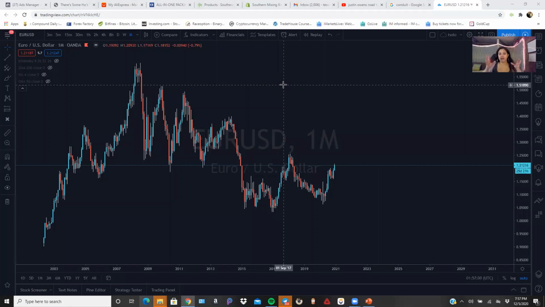The euro is the base currency. The first currency in the pair is always going to be your base currency. Because the euro is the base currency here, it's holding all of the weight. If the euro is gaining value, it's pulling the entire thing up. If the euro is losing value, it is pulling the entire thing down.